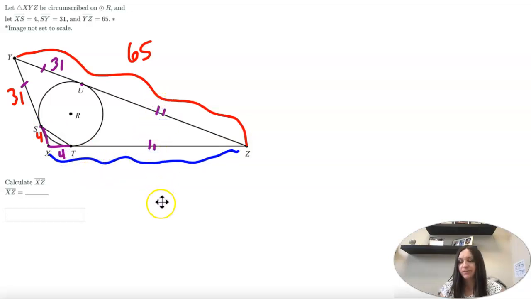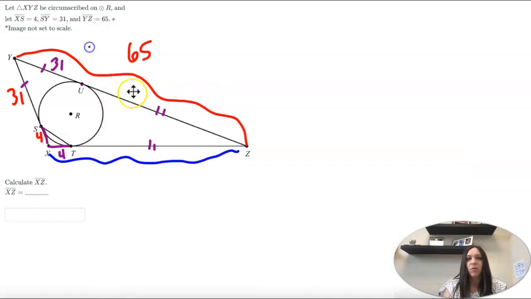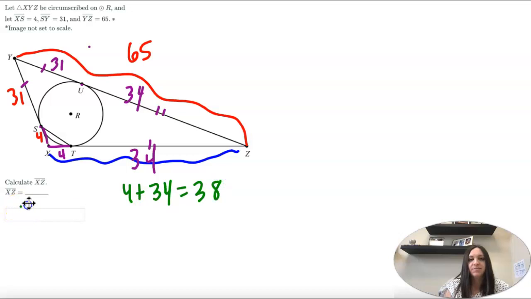These two lengths. So because this whole thing is 65, and I know a section, I can find this other section. So 65 minus 31 is 34. That's 34, that's 34, but we want the whole thing, so 4 plus 34 is 38.